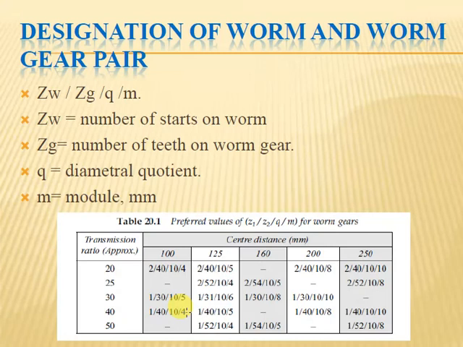So Q is the diameter quotient and it is very important, and it should be taken in between 6 to 15, and here you can see Q is generally taken as 10 for almost all center distances.